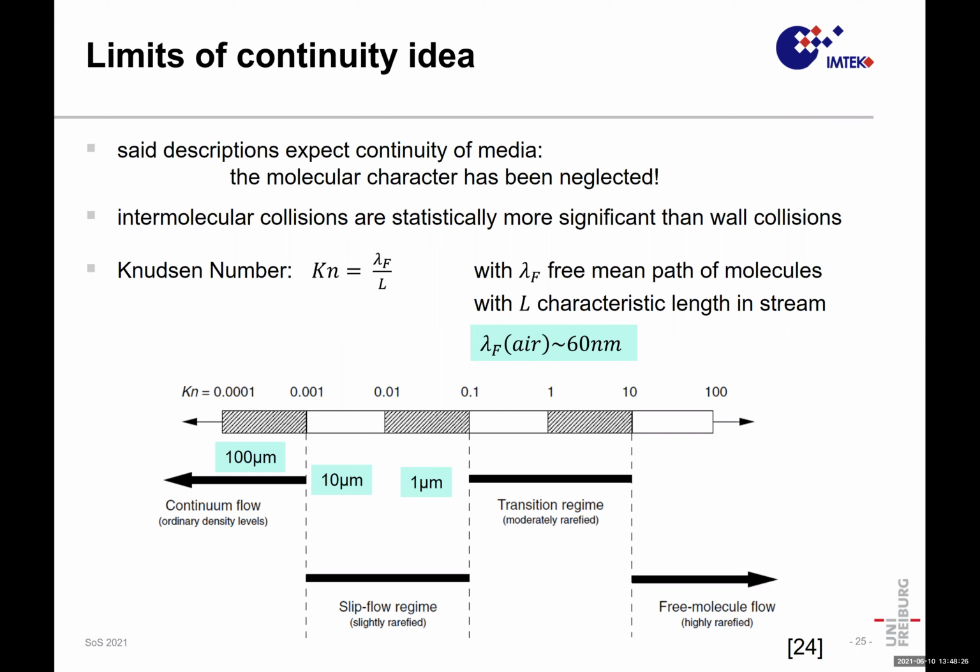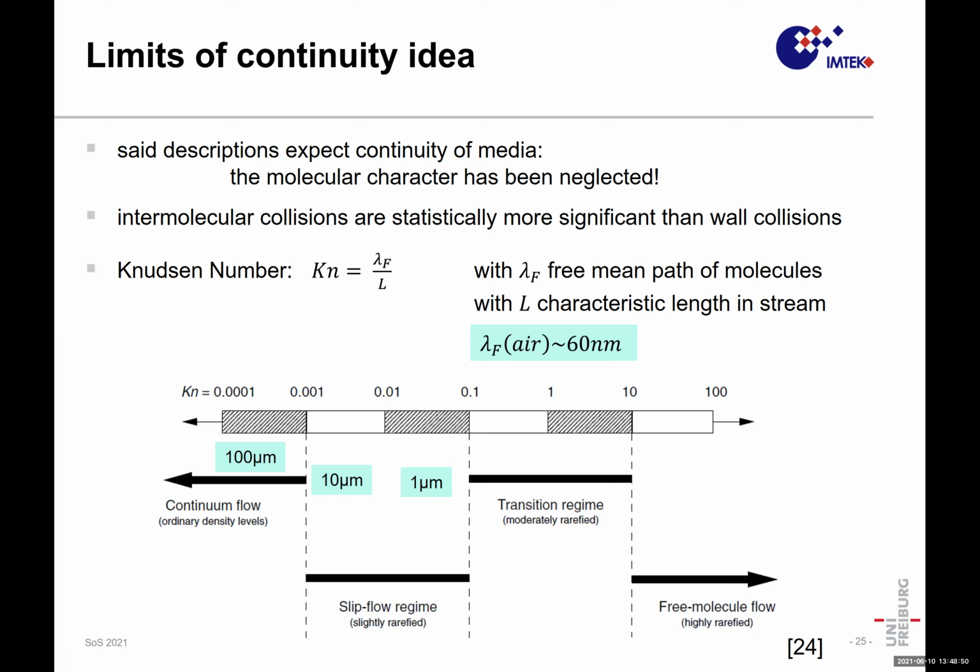We had already those characteristic numbers. I put here another number, the Knudsen number, which reflects the mean free path of molecules in the medium relative to the characteristic length in your system. From statistics, we know that this mean free path is about 60 nanometers at normal pressure.